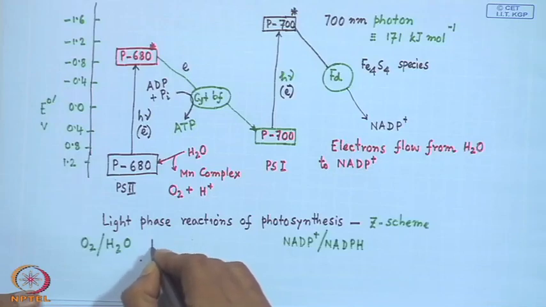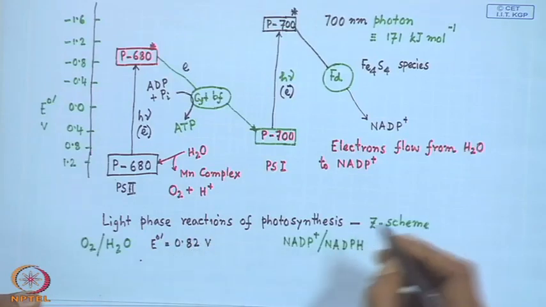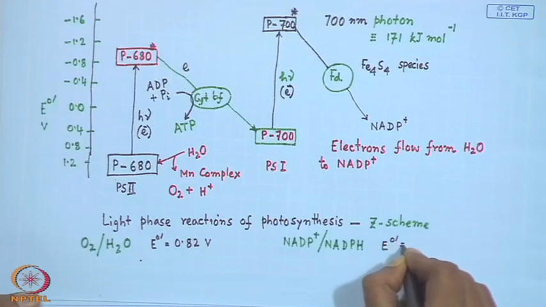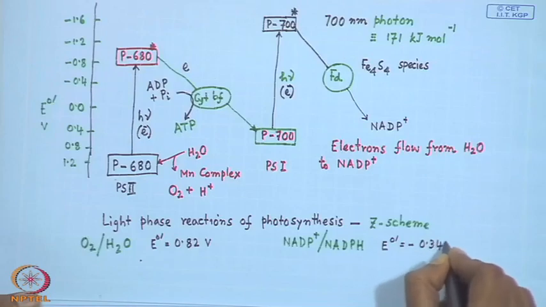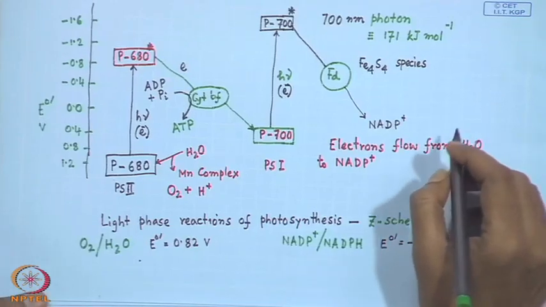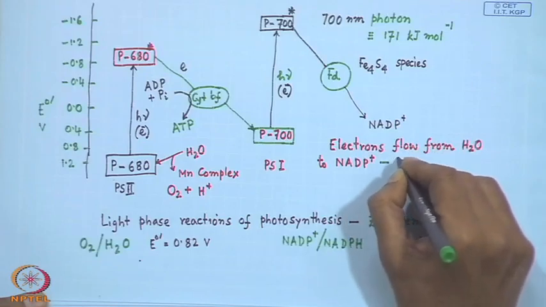In this particular case, E0 prime is equal to 0.82 volt here and minus 0.34 volt here. So, we need photo excitation, and when that photo excitation transfers those electrons from water to NADP plus, we get a thermodynamically uphill process.